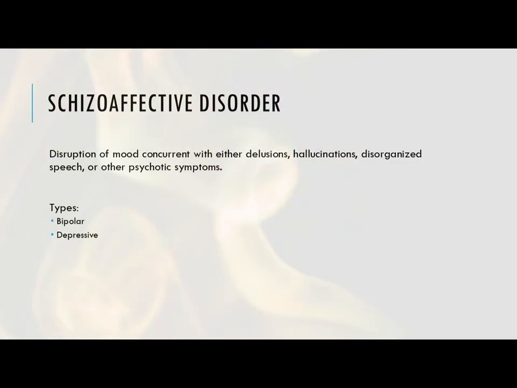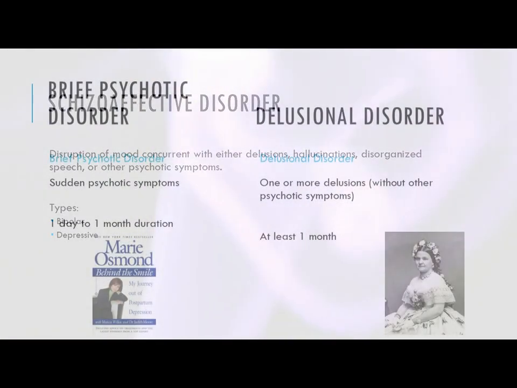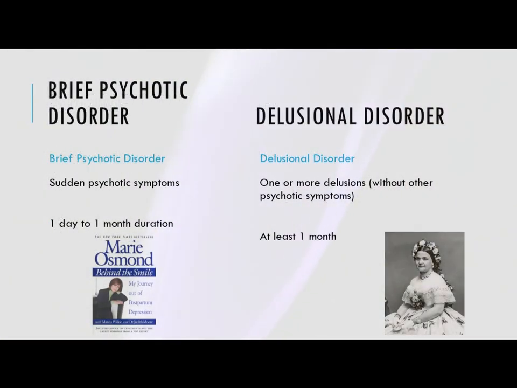I also want to explore a couple of other disorders. One is brief psychotic disorder and delusional disorder, and highlight their distinctive features and how they differ from other psychotic disorders. So, brief psychotic disorder is really characterized by the sudden onset of psychotic symptoms such as delusions, hallucinations, disorganized speech, or grossly disorganized or catatonic behaviors.